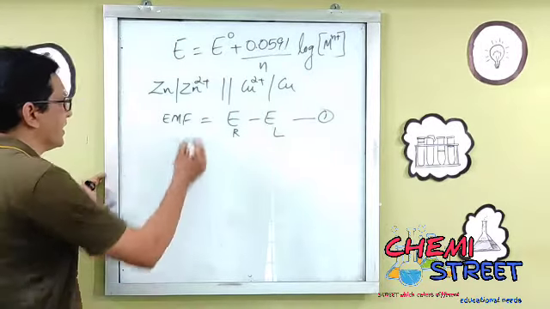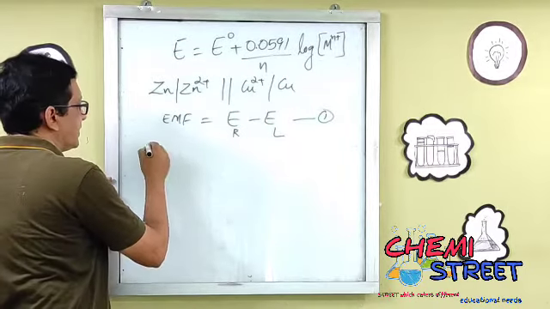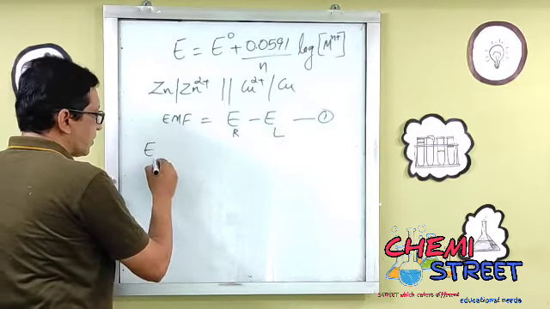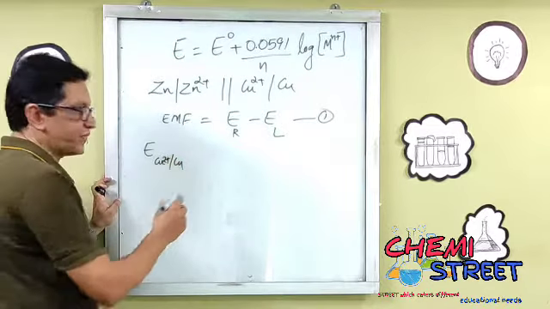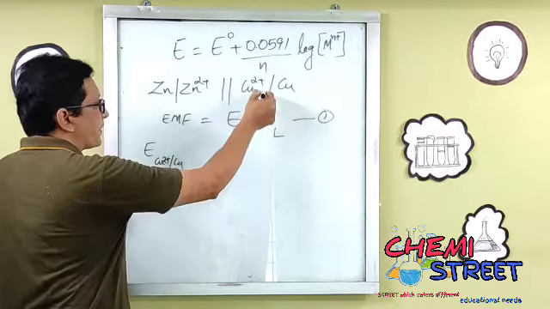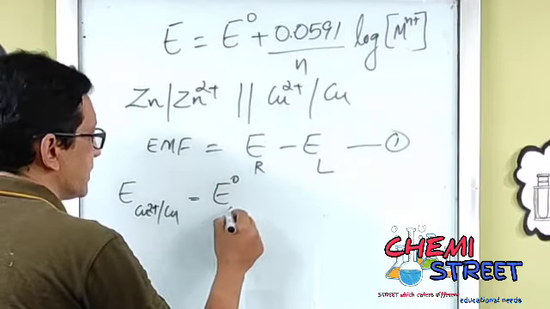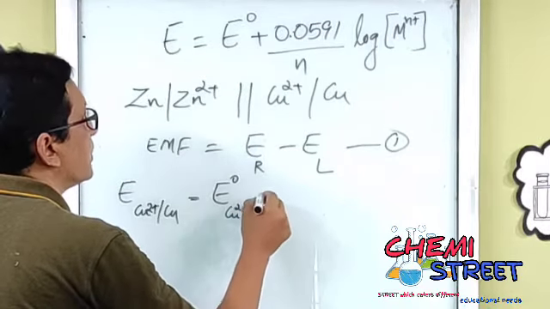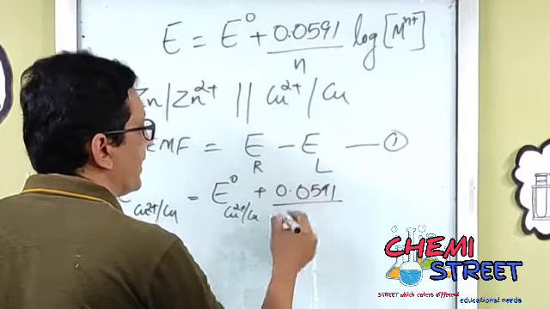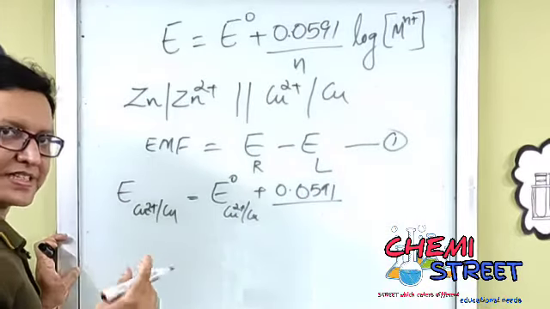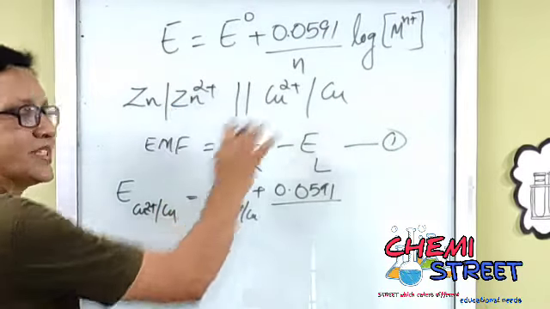In the case of our cathode, ER, that is the right side, shall we write it down? This is the representation of the cathode, that is our copper electrode, and that is E0 Cu2 plus bar Cu plus 0.059 by N. In the Daniell cell, 2 electrons are transferred from zinc towards the copper.